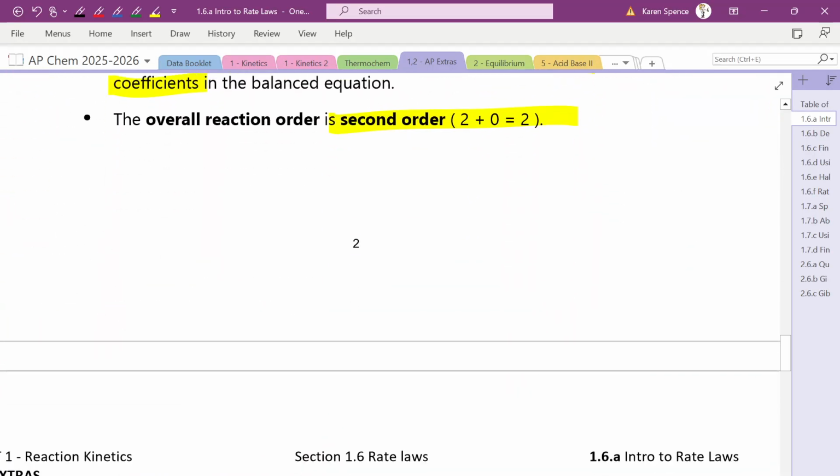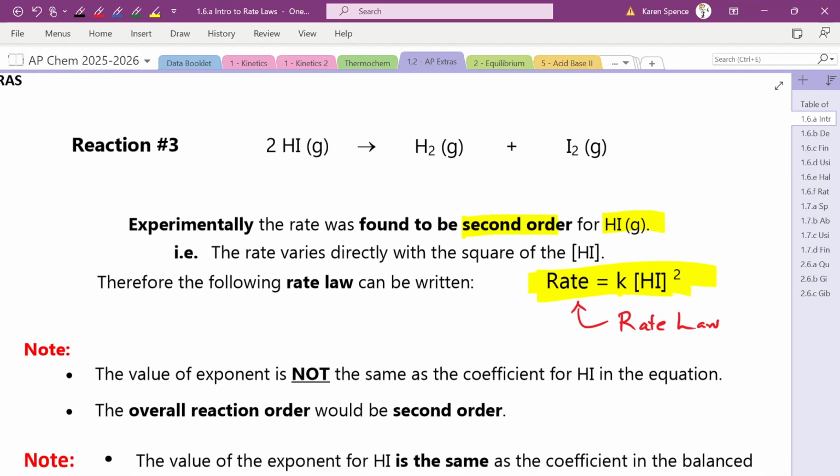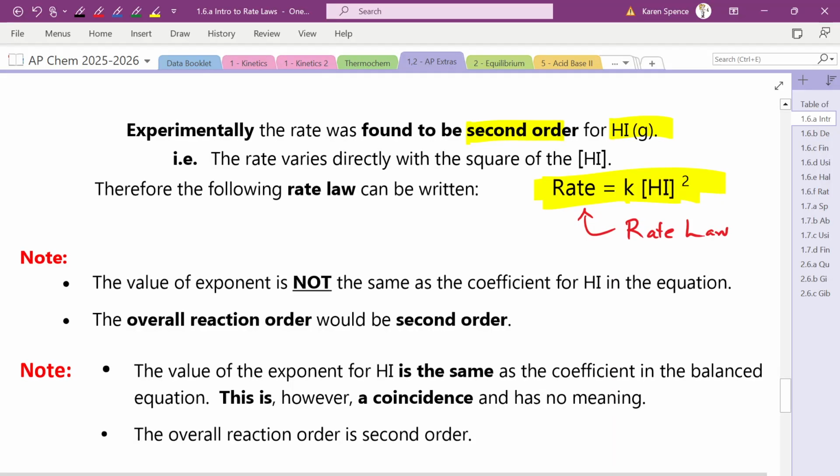Where'd we go? How did we jump back that far? Oh, why did I write that? That's silly. The value of the exponent is the same as the coefficient for HI in the equation, but this is a coincidence.